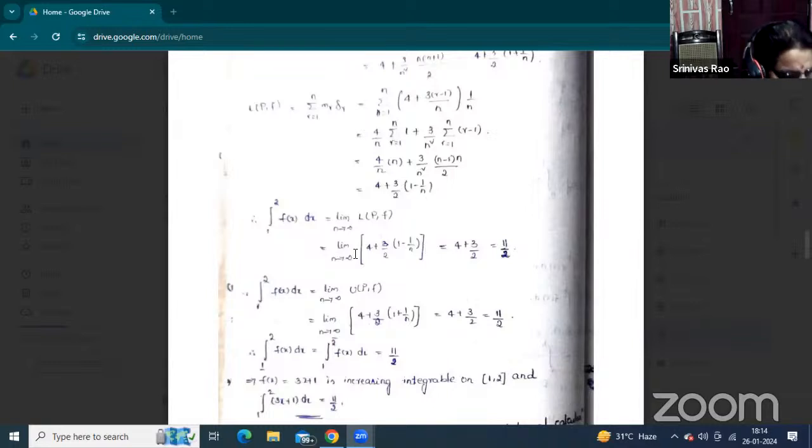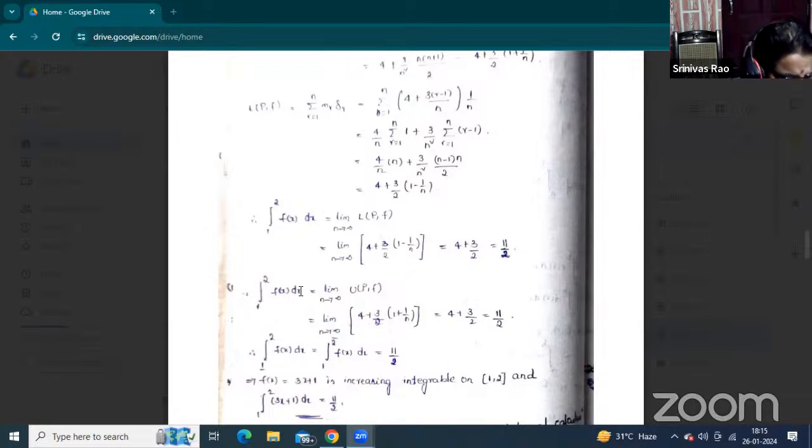Already, students, please listen carefully. Limit 1 by n, when n approaches infinity, that value is always 0. Please note down, limit n tends to infinity, 1 by n is 0. Because n approaches infinity, 1 by infinity means 0.